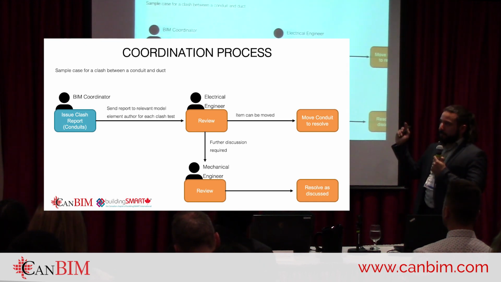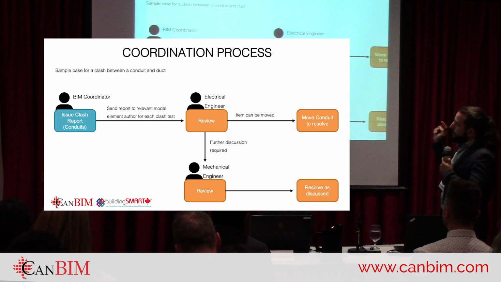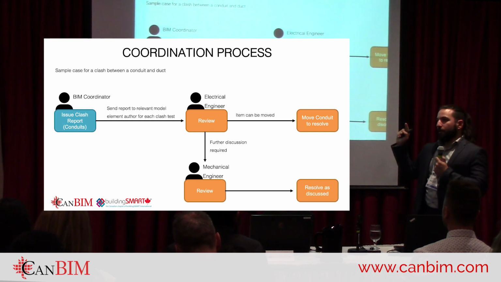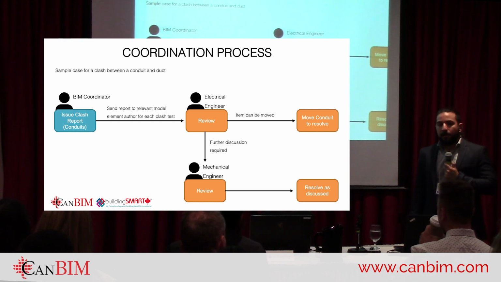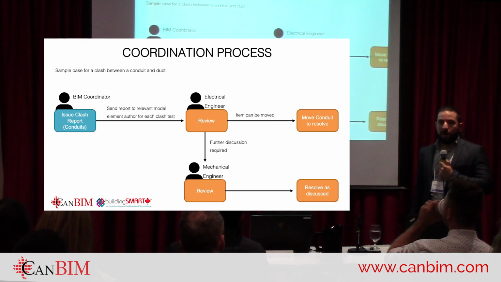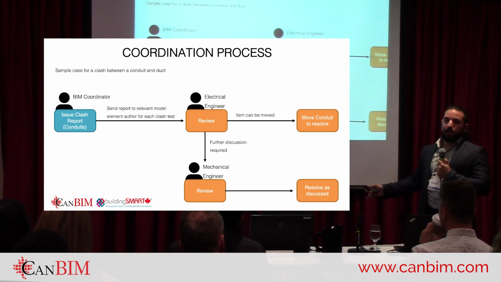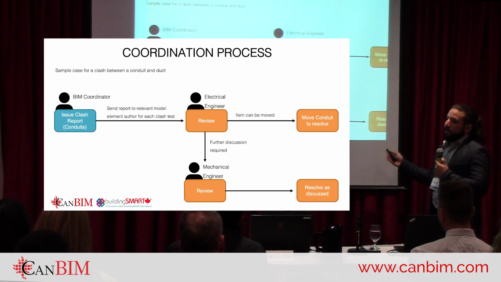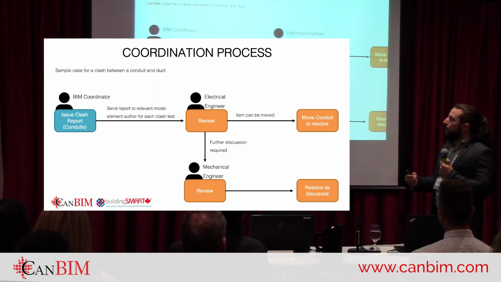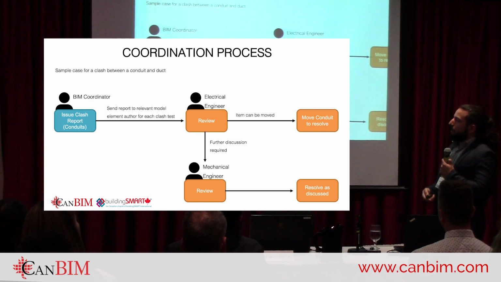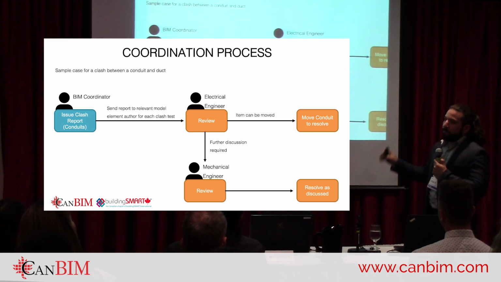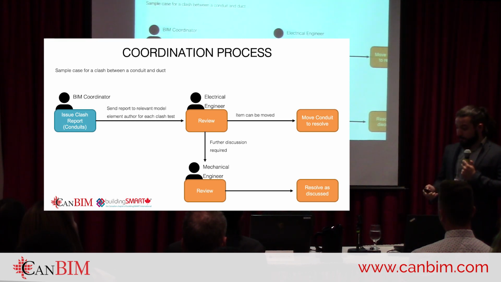And sorry, one more thing I want to note is that the electrical engineer should likely get only the clashes that are relevant to their discipline. So if mechanical and architecture are having a problem, it's none of their business. They don't need to be involved unless the change they make is going to have an impact on the electrical engineer as well. Otherwise, they can be completely uninvolved and they don't need to see any of that.